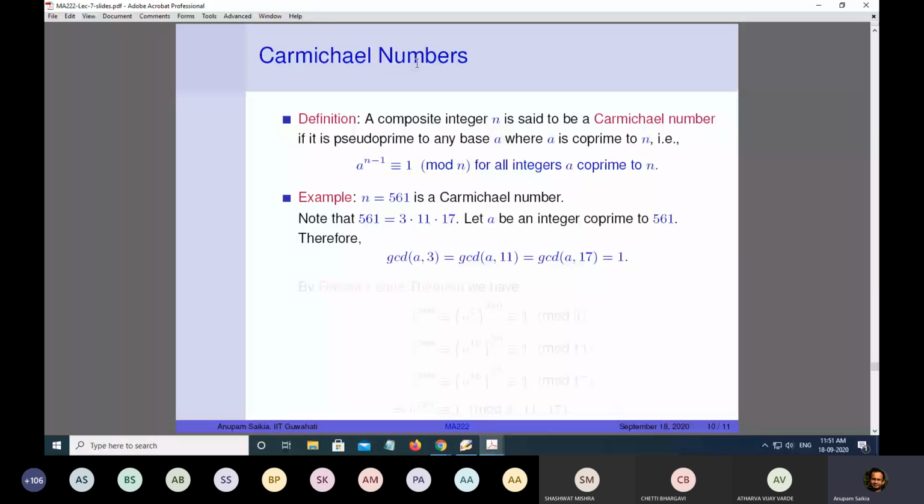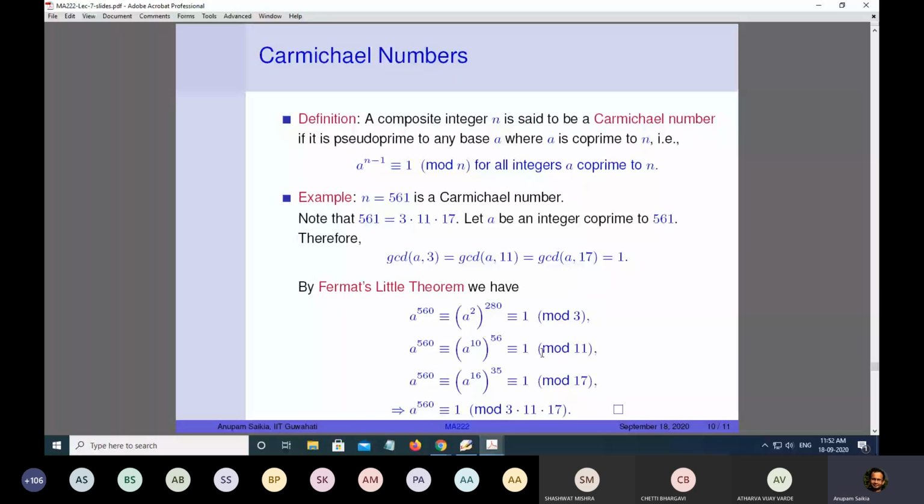Okay, so last line. See, what I'm saying is that a to the power 560 minus 1 is divisible by 3 and by 11 and by 17, and these three are co-prime. So if you look at the prime factorization of a to the power 560 minus 1, 3 will appear, 11 will appear, and 17 will appear. Appearance of one does not affect the appearance of the other. In other words, they are pairwise co-prime.